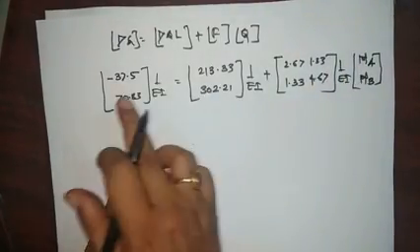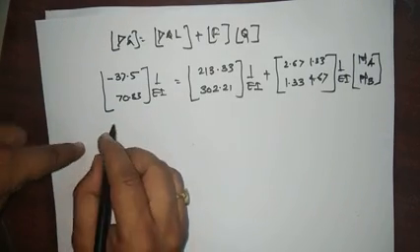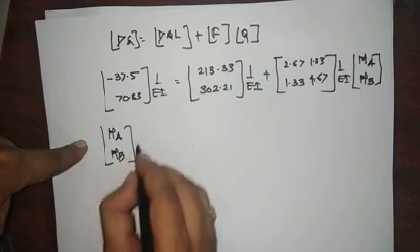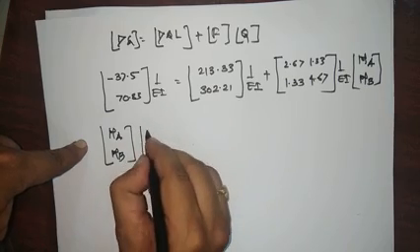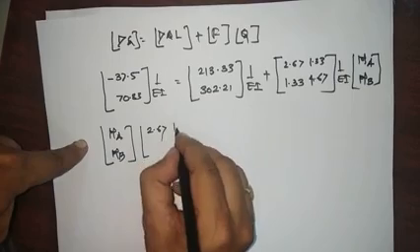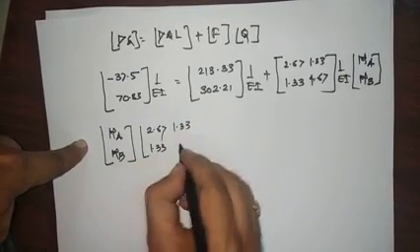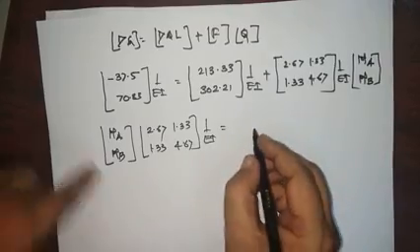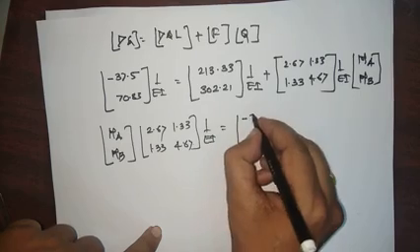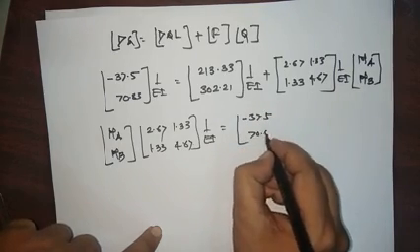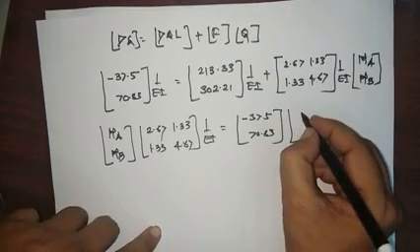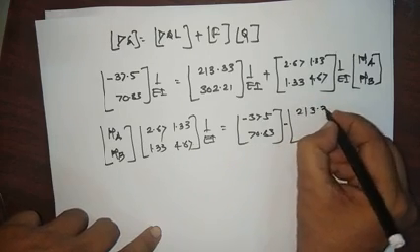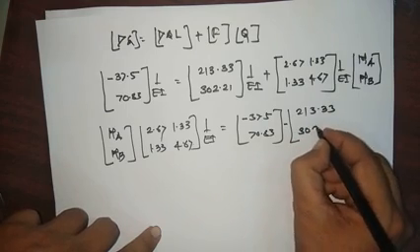So now take all this to the left. So this is MA, MB into this matrix, 2.67, 1.33, 1.33 and 4.67, 1 upon EI, equal to minus 37.5 and 70.83, and these values are minus 213.33, 302.21.